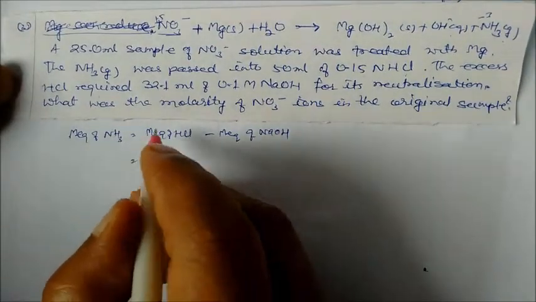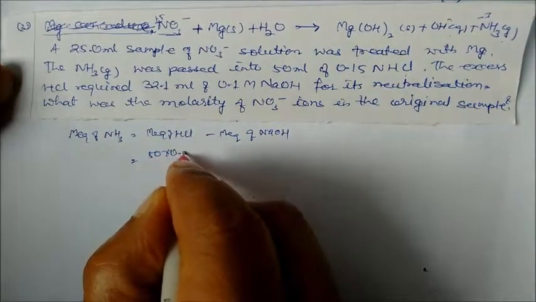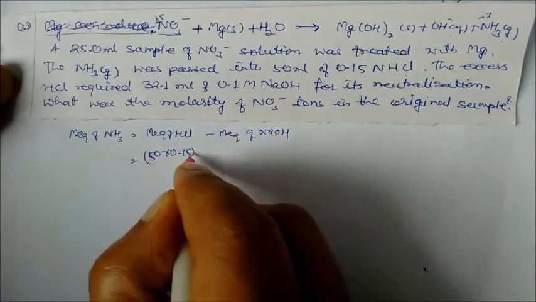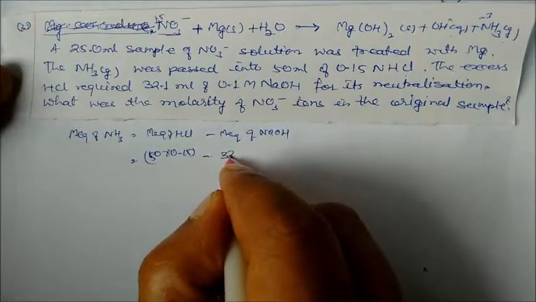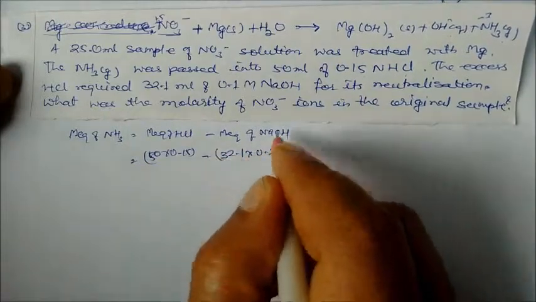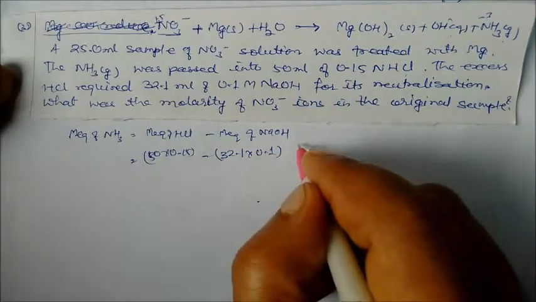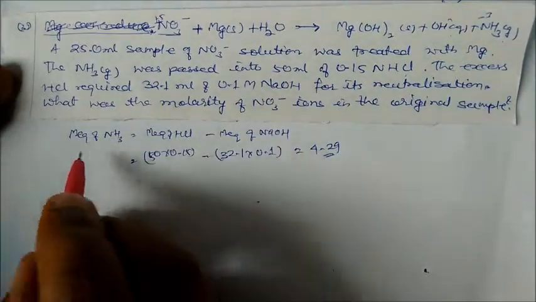Milliequivalent of HCl is 50 into 0.15, and milliequivalent of sodium hydroxide is 32.1 into 0.1 molarity, because the n factor is 1, it will be the same. On solving we get 4.29. This is the milliequivalent of ammonia.